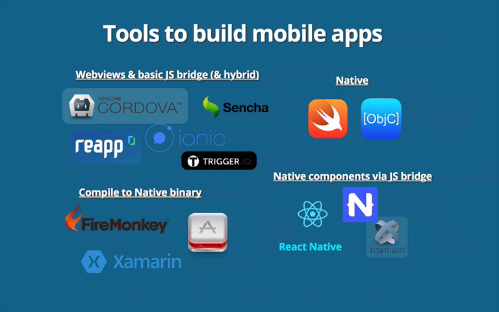So then the other option is native components with a JavaScript bridge. And so this one's a bit more of a complicated JavaScript bridge, and basically it's used for handling pretty much all of the logic in your app.